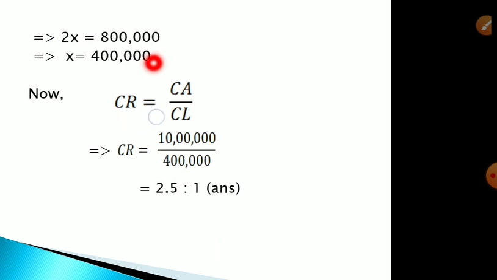Now just putting it in the equation, we know from the previous slide you have seen the current assets amount was rupees 10 lakh and current liability stood at rupees 4 lakh. Dividing these two, we get the answer as 2.5:1.